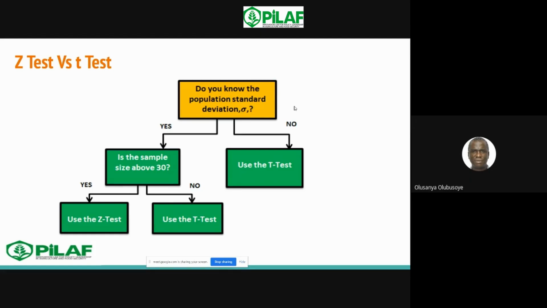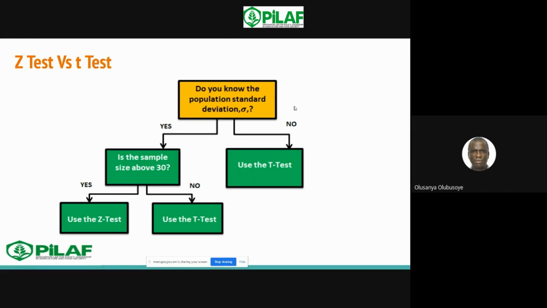Usually, either you know the population standard deviation or you don't know the population standard deviation. When you draw the sample, of course, you can compute the sample mean and the sample standard deviation.